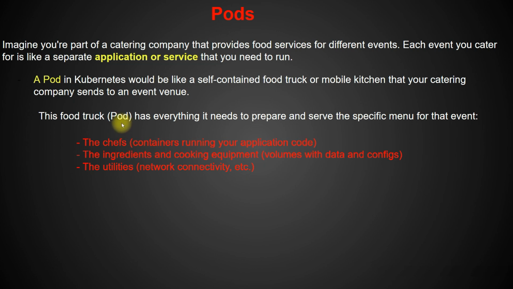Then inside the food truck, we have the ingredients and cooking equipment, and inside the pod, we have volumes with data and configs. Then we have utilities inside the food truck, and inside the pod, we have network connectivity and many others.